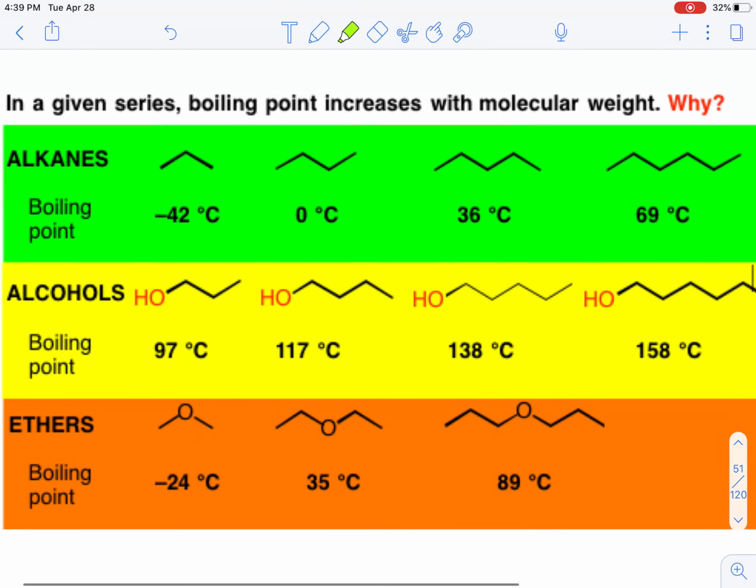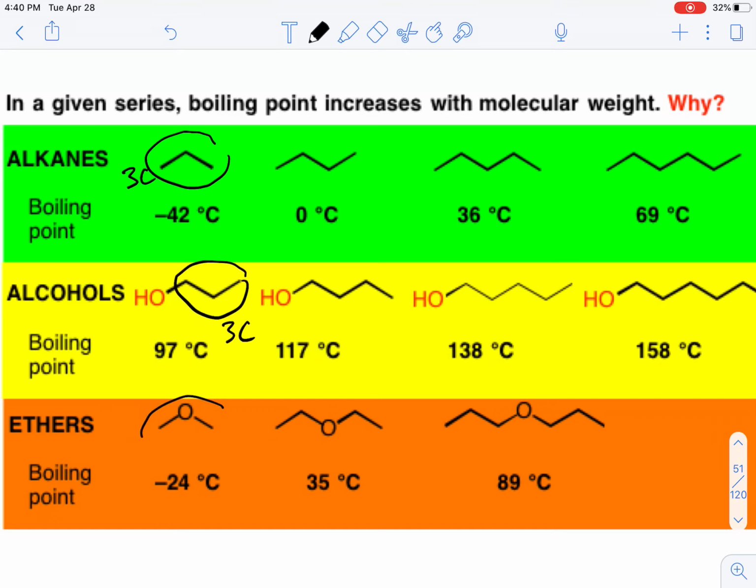And so once again, the same subject is going to be described in this slide. However, what I'm doing is putting numbers to this just so that you can see. If you look at this alkane, this is a 3-carbon compound. And if you look at this alcohol, we have a 3-carbon compound.